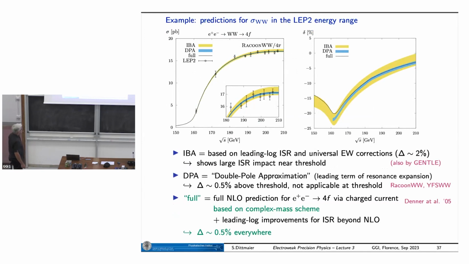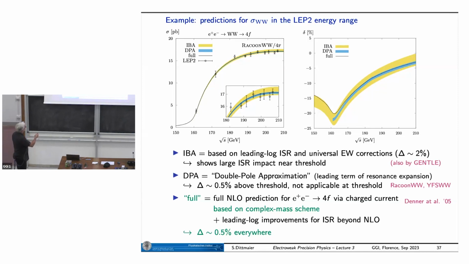Meanwhile, after LEP, it was around 2005, as you see here, we made the full 2-to-4 next to leading order calculation, the first of this complexity, which is more precise than the LEP treatment, which went under the name double pole approximation. This is one of these calculations that was done in this leading pole approximation. So this blue band here is replaced by what goes under the name full here with this very narrow line. There is no error indicated for that.